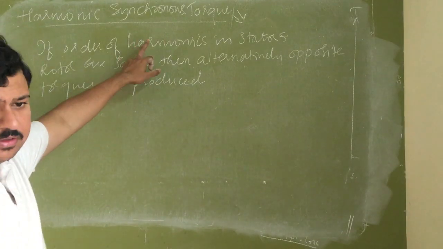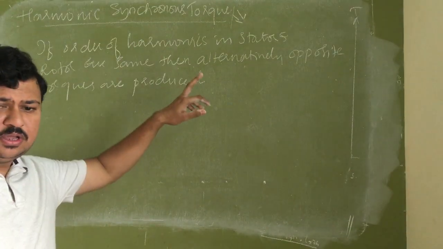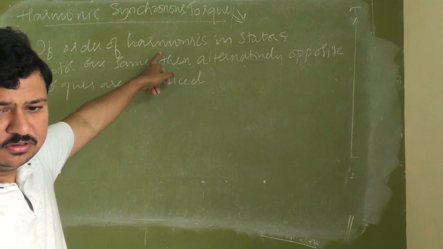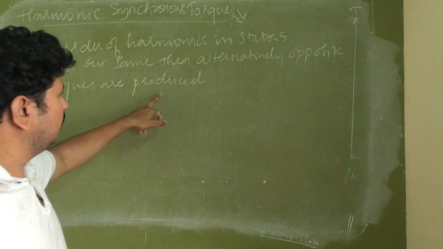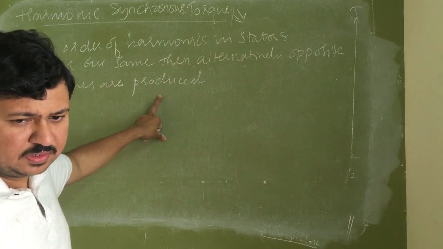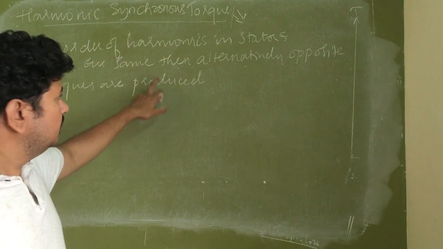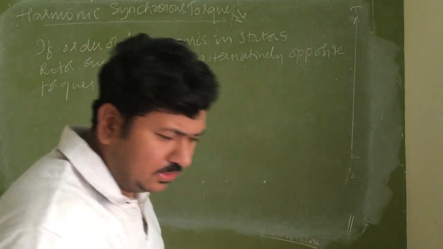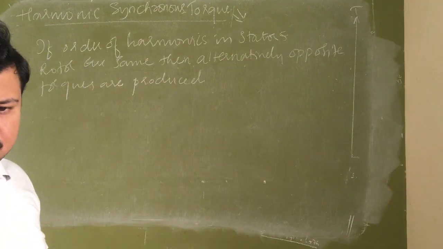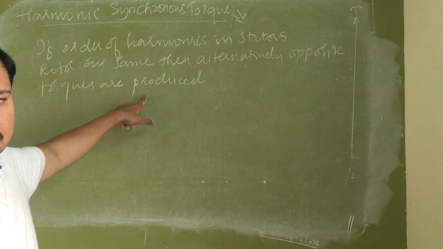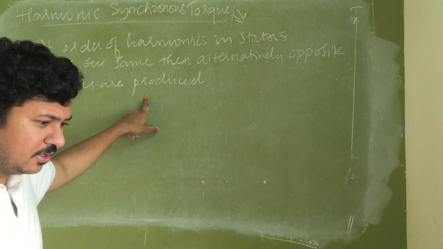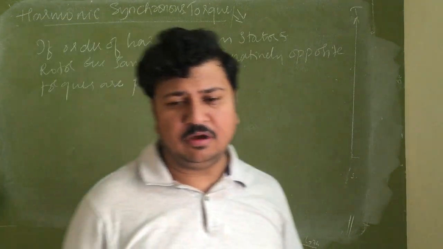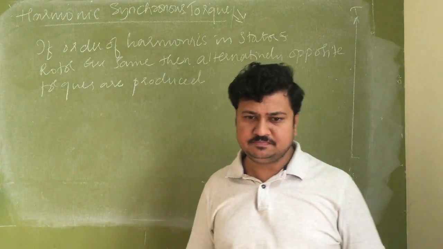If the speed of stator harmonic and rotor harmonic are the same, that is, if stator harmonic is also 7th, that is ns by 7, rotor harmonic is also 7th, that is ns by 7, then these two will create a synchronous torque, and the motor will try to run at subsynchronous speed or crawl at some subsynchronous speed.